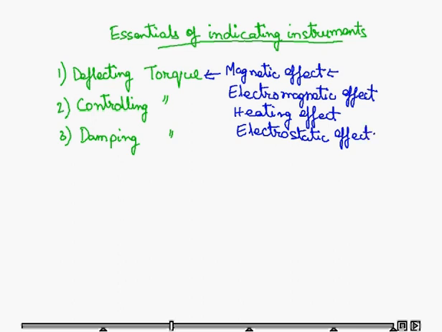Now deflecting torque, as we know, is the torque which is required by the pointer to move according to the quantity which we are going to measure.